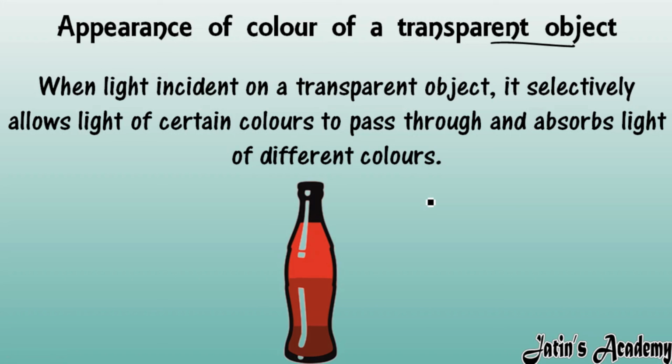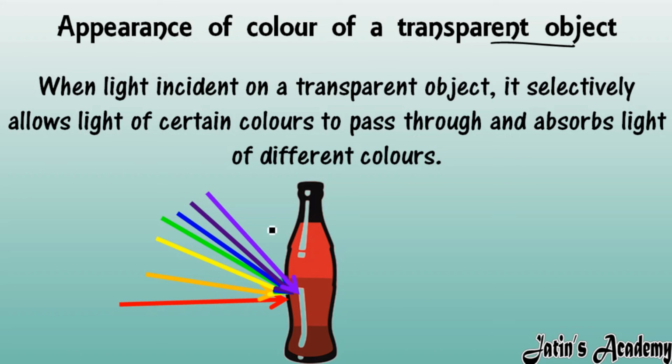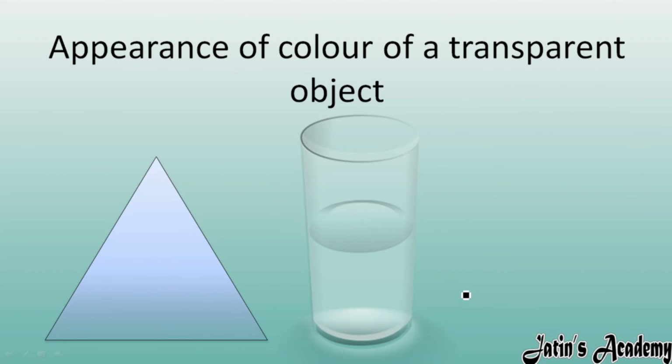Here, for example, we have a red bottle. When the red bottle is kept in white light, which is a mixture of colors, the white light has red color also. So this red bottle will reflect red color and will be seen as red only. That is why in white light, a red bottle is seen red. Next, the appearance of color of a transparent object.